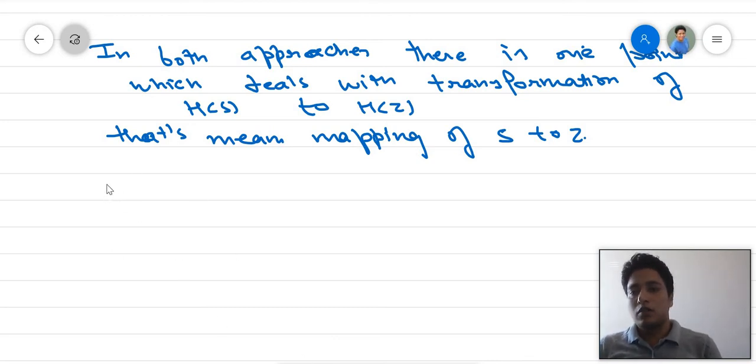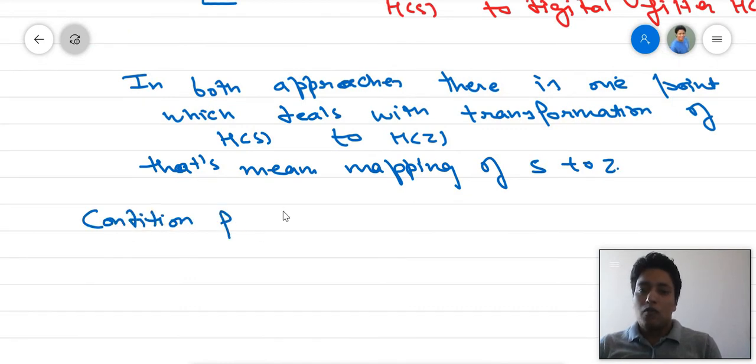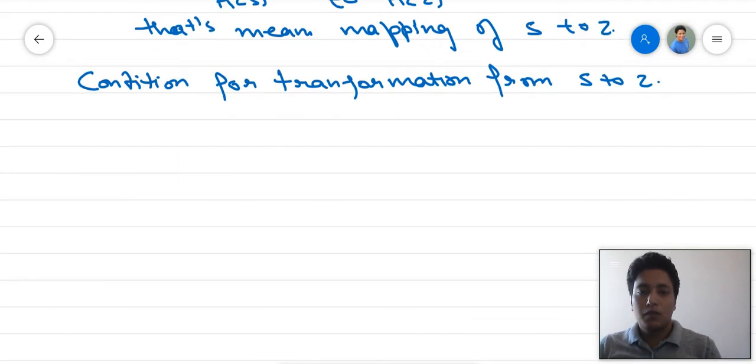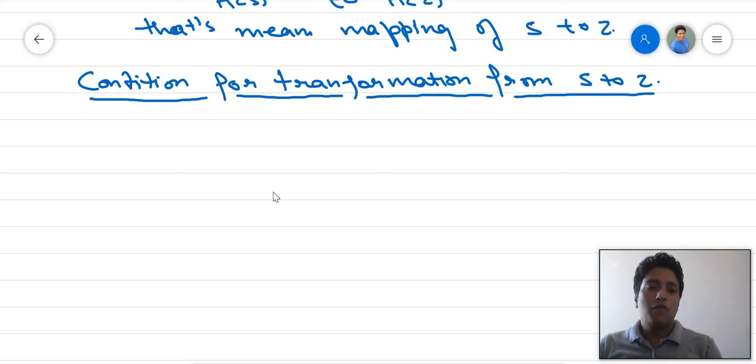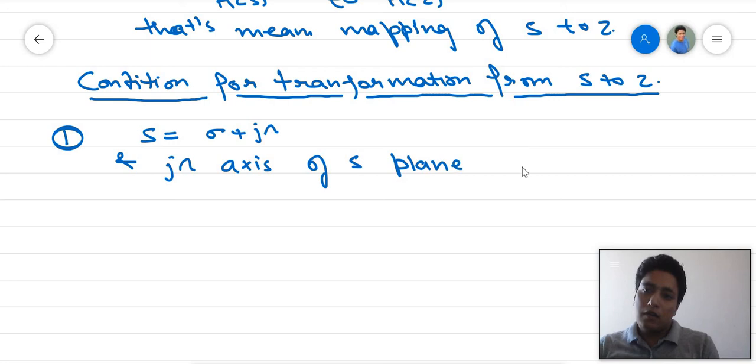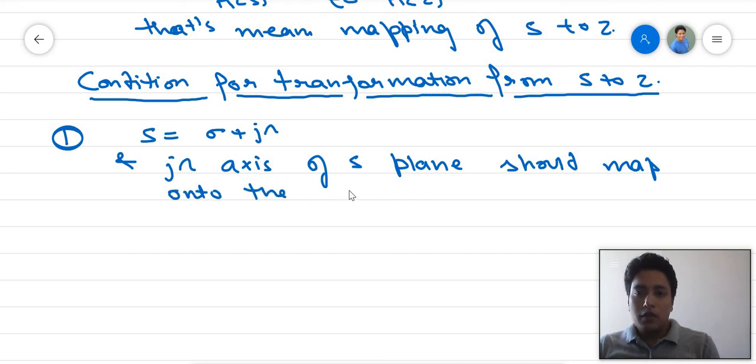Now there should be conditions for transformation from S to Z. We have to keep in mind these conditions before applying transformation between S to Z. First part is, S is equal to sigma plus j omega, and the j omega axis of the S plane should map onto the unit circle of the Z plane.